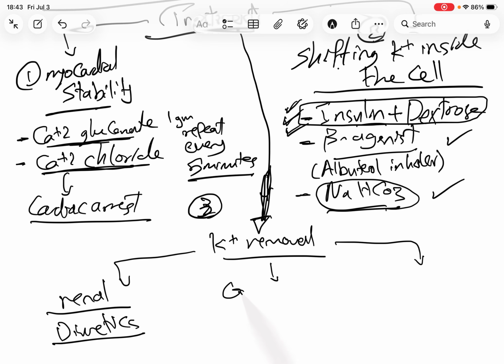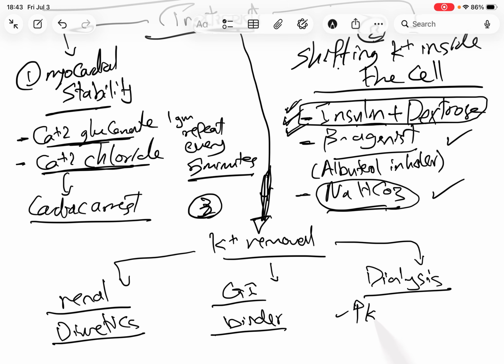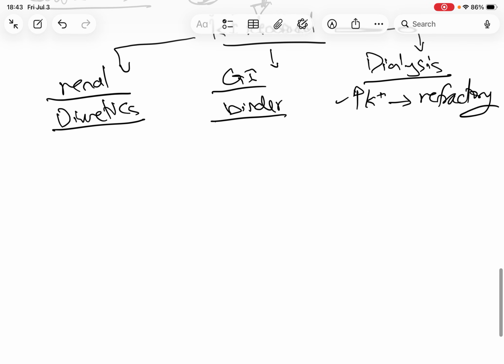Also through the GI by giving GI potassium binders like Lokelma, or through dialysis. And we use dialysis to treat hyperkalemia in some situations, including if the potassium is high and refractory despite medical treatment, and significantly high, causing EKG changes, causing a life-threatening condition.